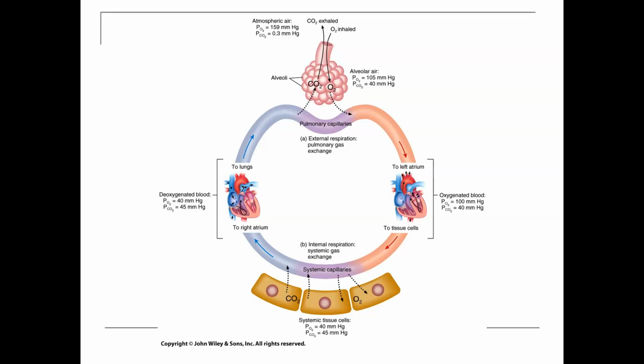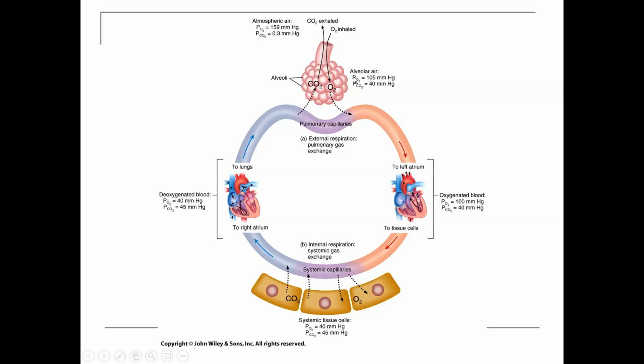Now if I asked you to explain the movement of these gases across the respiratory membrane, the basic explanation in both cases is that each molecule is moving down its partial pressure gradient. So why is oxygen moving in the lungs?